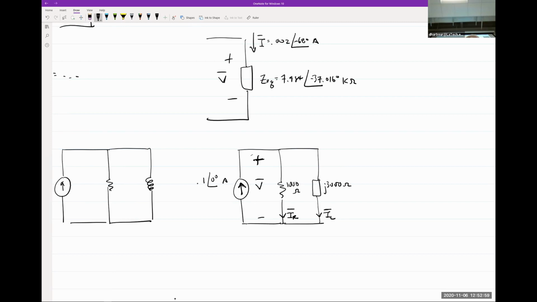And so I find these things out at the end and deal with them. He plans ahead and works that way. So either way, they both lead to the same answer. That's why he intentionally reversed the direction of the current in the video, so that he could find power absorbed. You can also just find power supplied, then flip that over and put a negative sign on. Okay, so that's the second problem here. What happened to the 15 millihenries? It became a j3000 ohm impedance.